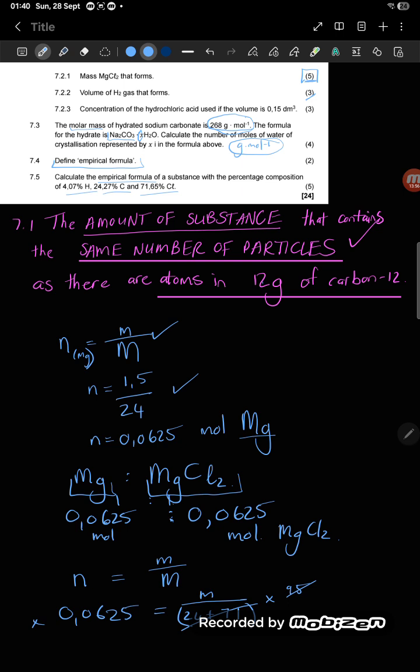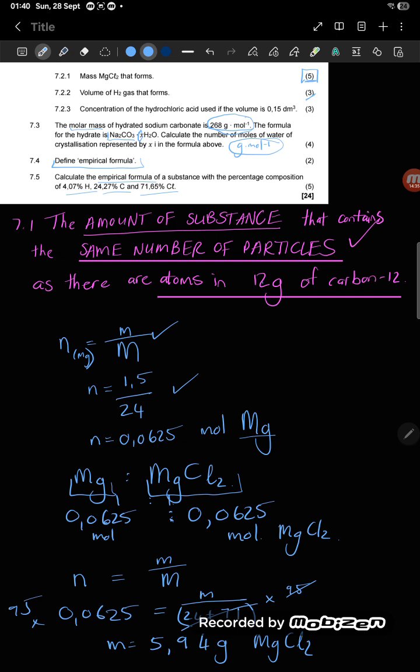So this equates to 0.0625 times 95. And 95 is almost 100, so if I times 95 both sides to 2 decimal places, I'm going to have a mass of 5.94 grams of MgCl2.